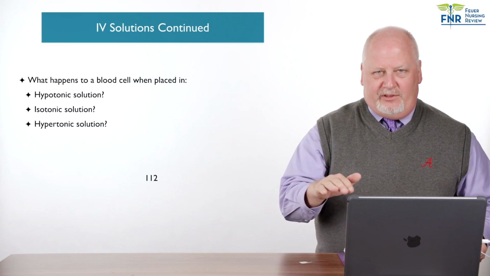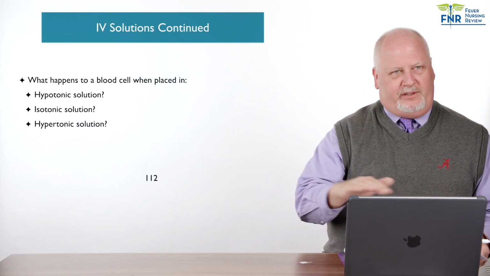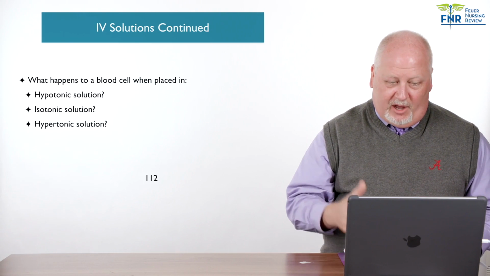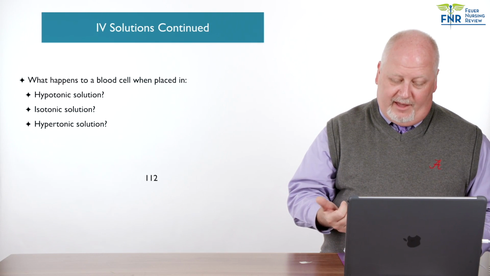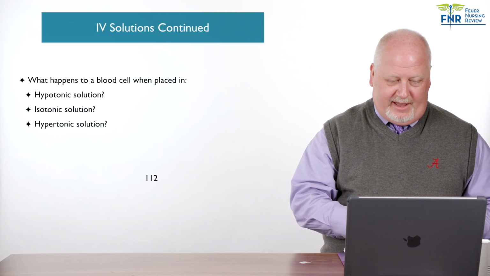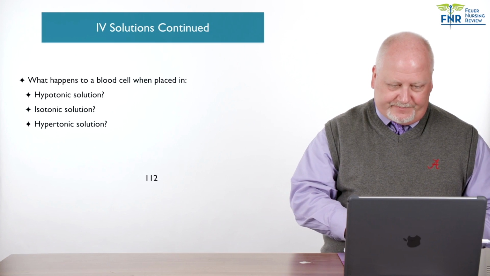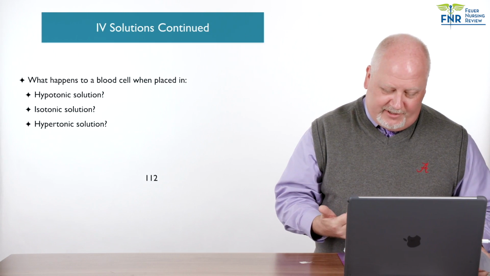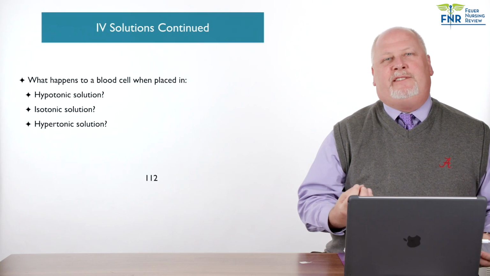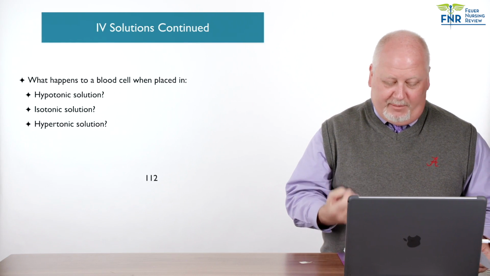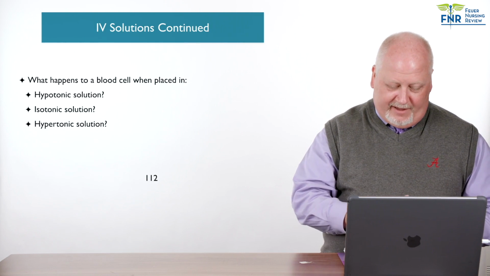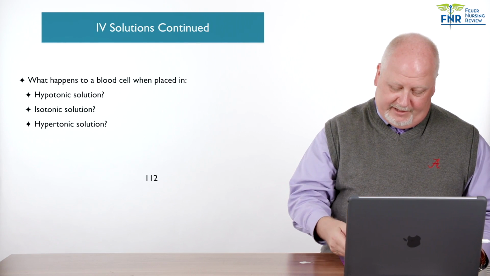So your red blood cells really don't have a response. They're kept the same. Some common isotonic solutions are normal saline, D5W, and lactated Ringer's. Your hypertonic solutions, this is when your red blood cells actually shrink in size. And a common hypertonic solution is D5 0.45 normal saline.